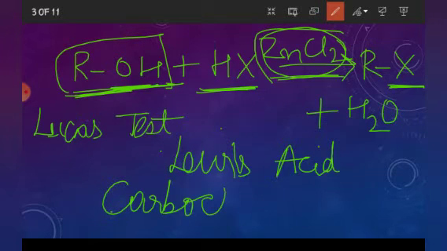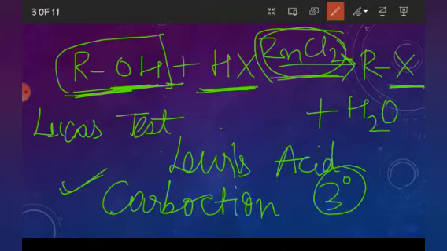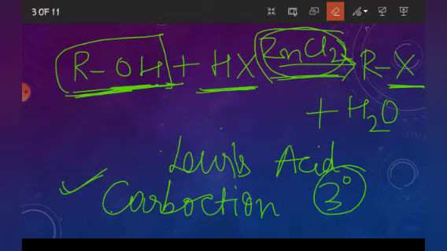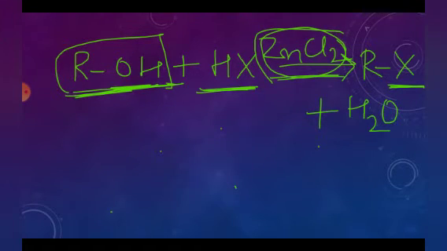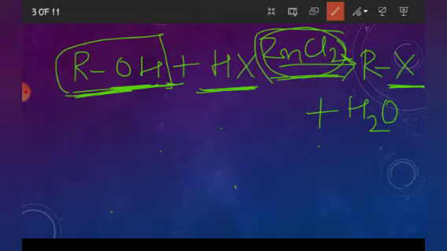So, as you have understood, this reaction proceeds via the formation of carbocation, and you have studied in 11th class that 3-degree carbocation is the most stable. So the order of reactivity followed here is 3-degree alcohol, then 2-degree alcohol and 1-degree alcohol.